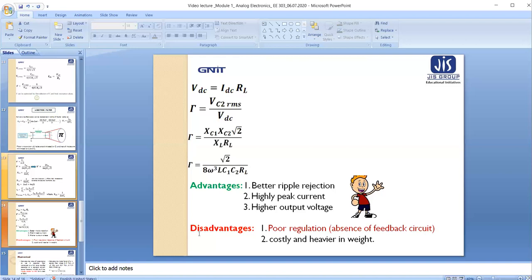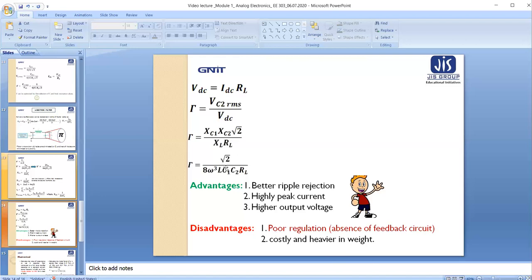The disadvantage is that as the circuit does not involve any feedback circuit, there is no chance of regulation. Regulation means the output voltage must be stable irrespective of the line voltage change or the load resistance change. So that type of regulation cannot be achieved in this circuit, and the circuit is costly and heavier in weight.